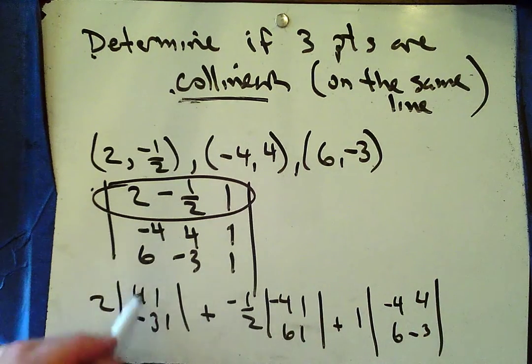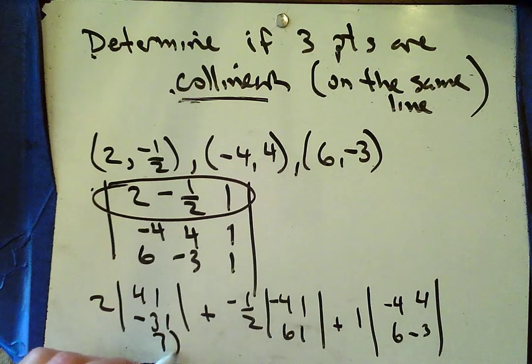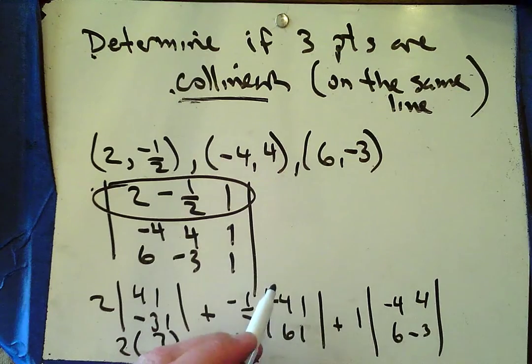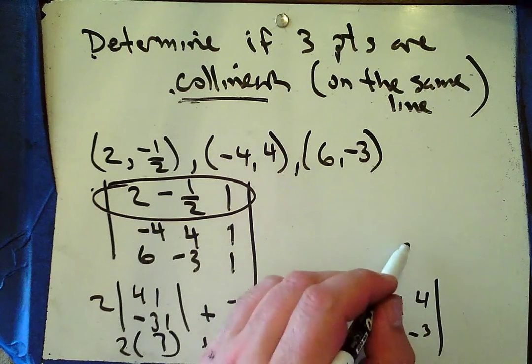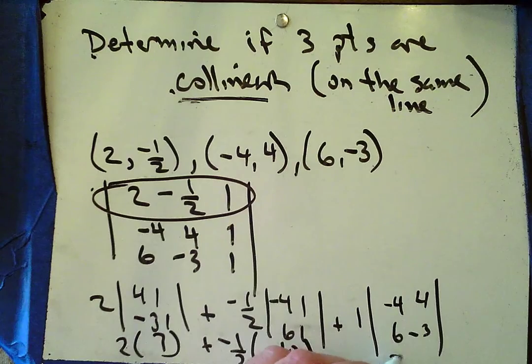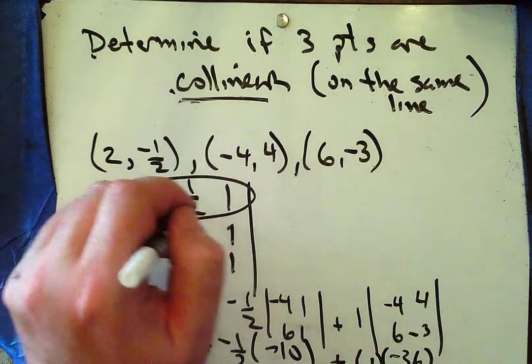Okay, so I get 4 minus a minus 3, which is 7. And I get negative 1/2 times, this is negative 4 minus 6 is negative 10. And I have negative 12 minus 24 is negative 36. And don't forget the cofactor pattern: plus, minus, plus.